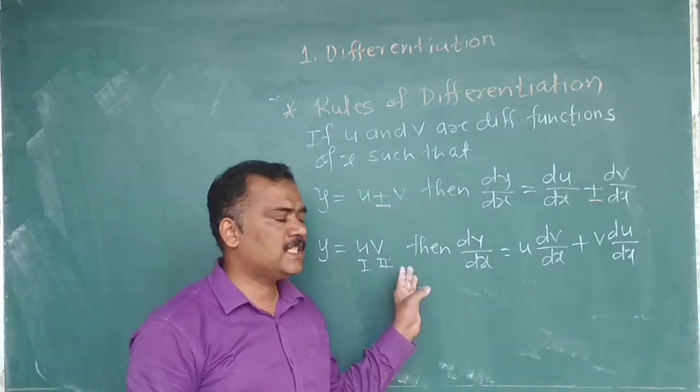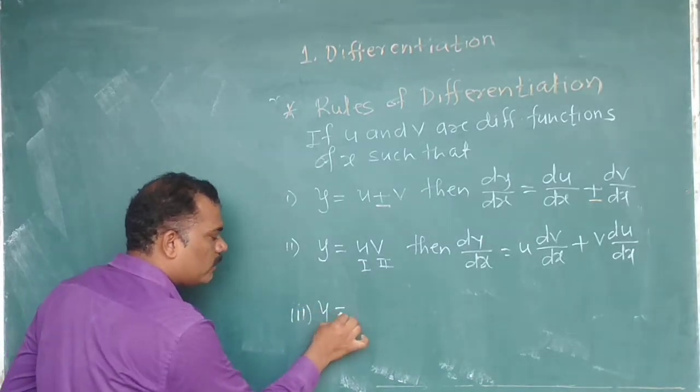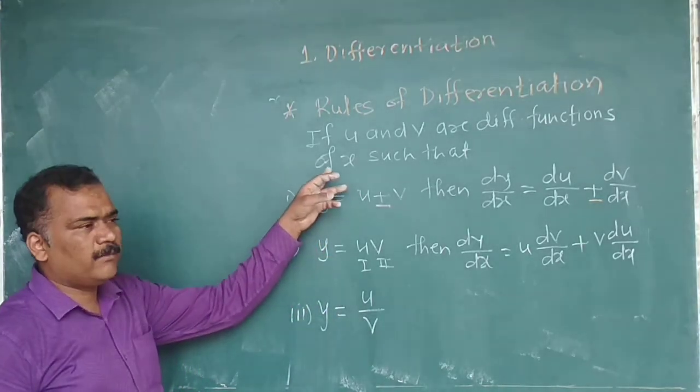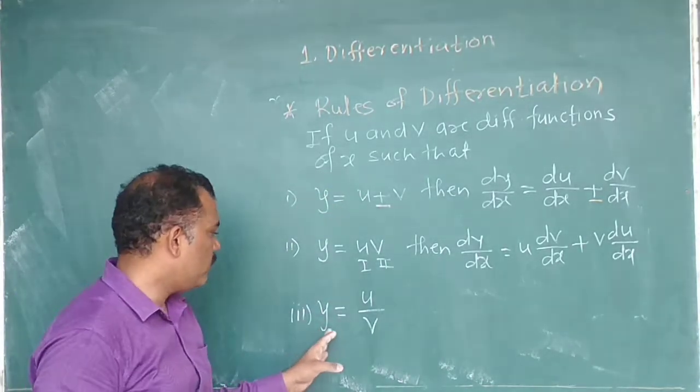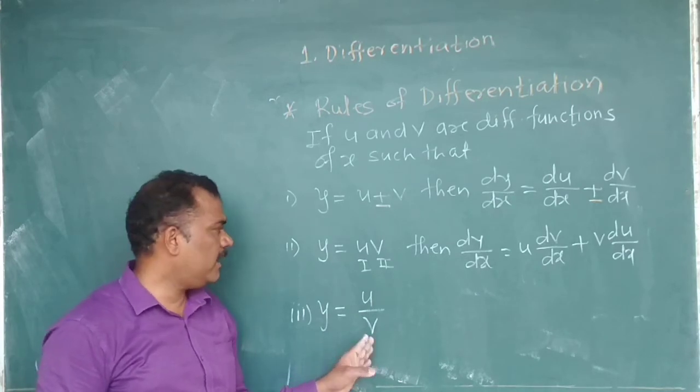Next, the third one is y is equal to u upon v. If u and v are differentiable functions of x, such that y is equal to u upon v, that is called the quotient rule.